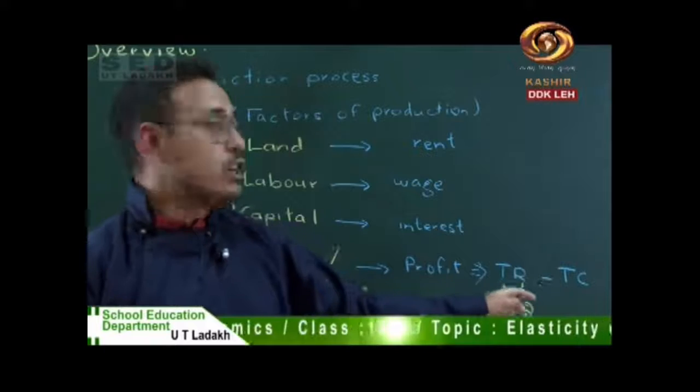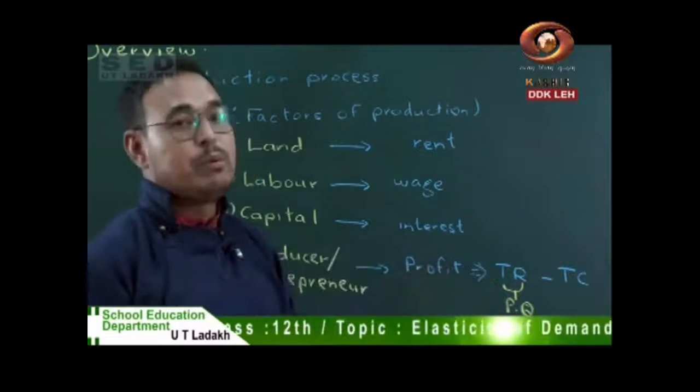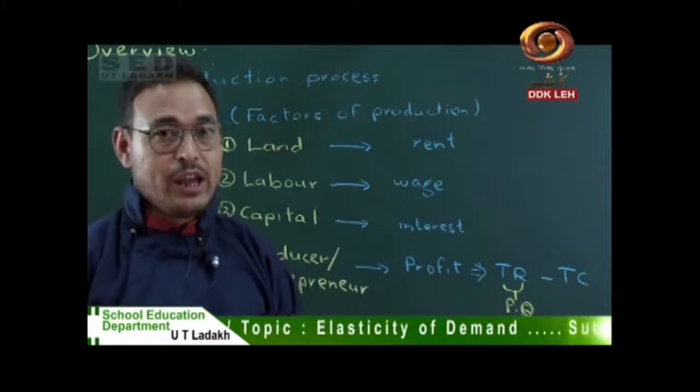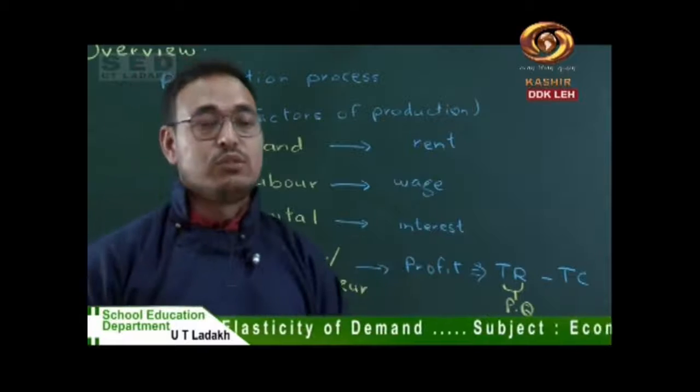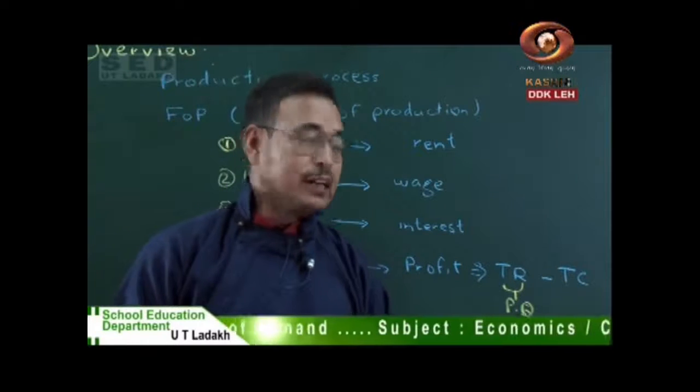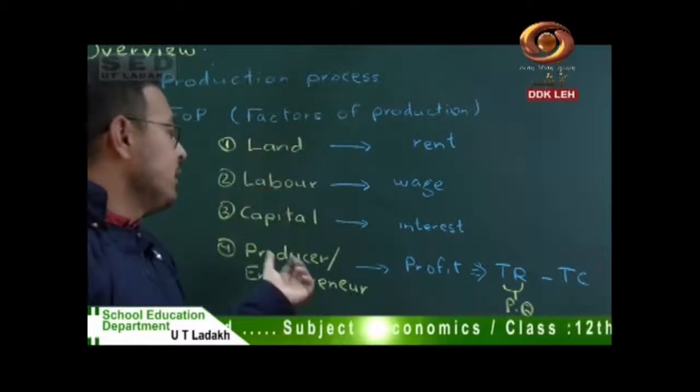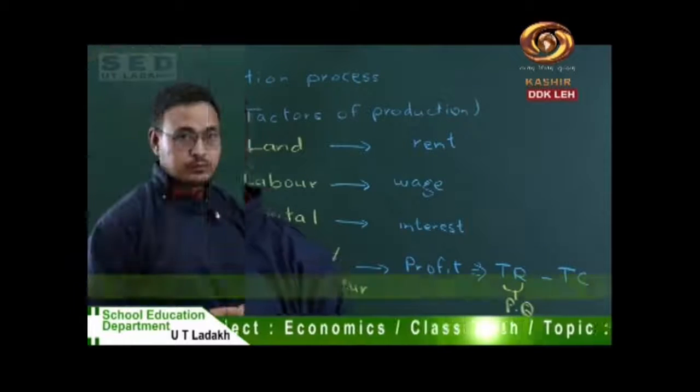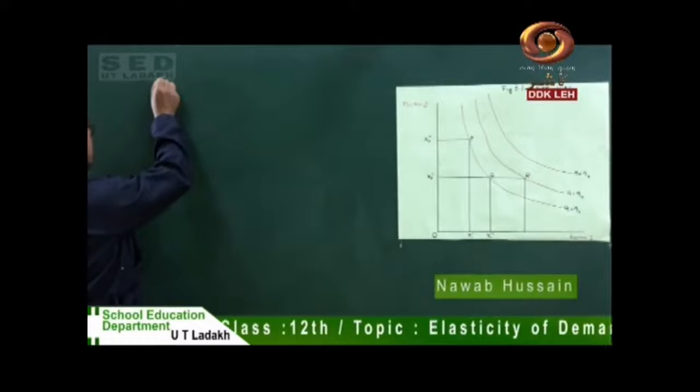Now out of this total revenue, he will pay the other factors of production, and the difference is what we call the profit. That is the return to the entrepreneur or the producer. So the next subtopic is production function.